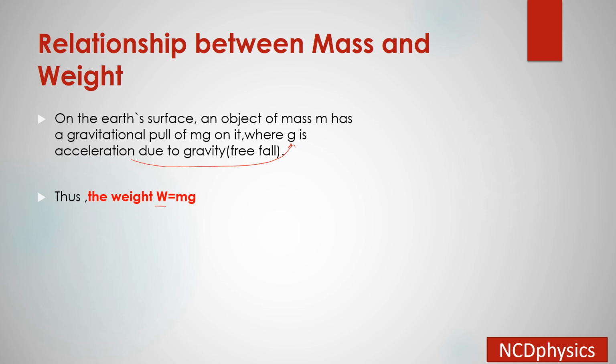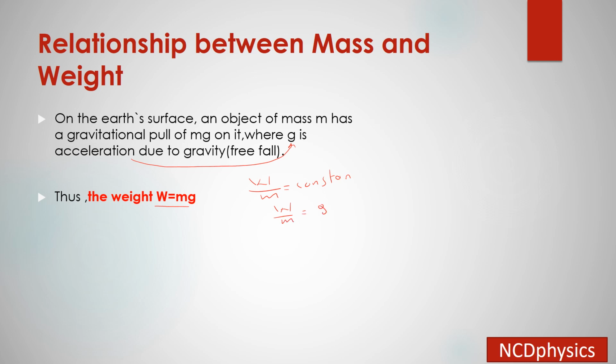We said the weight of an object over the mass of the object is constant, isn't it? And this constant we said is called g.